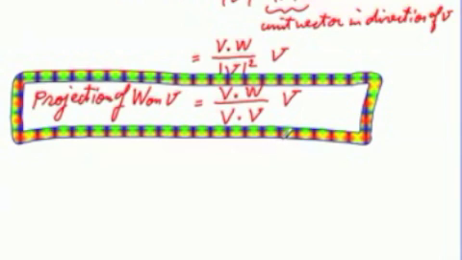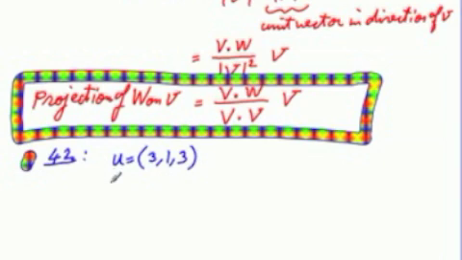Suppose here I take a problem, problem 42. It says U is given as 3, 1, 3. V is given as 4, 1, minus 2.